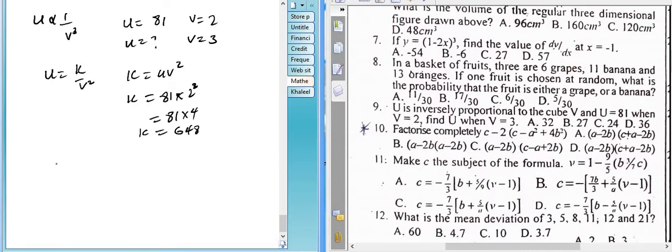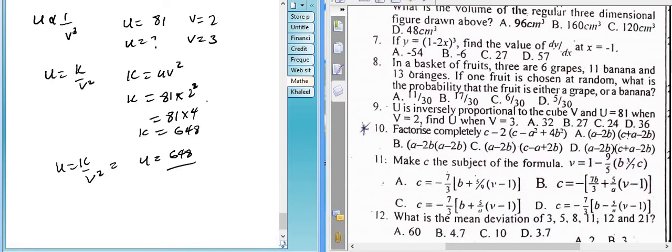So we know that U is equal to K over B square. Then we can see our U is equal to the value of K that we got here, 648 at the top, divided by B square.